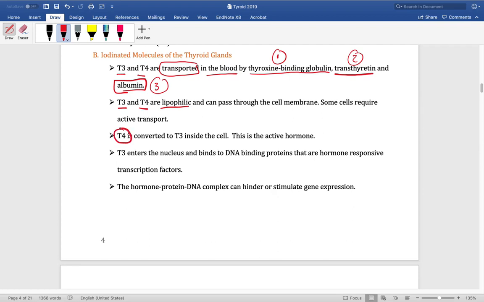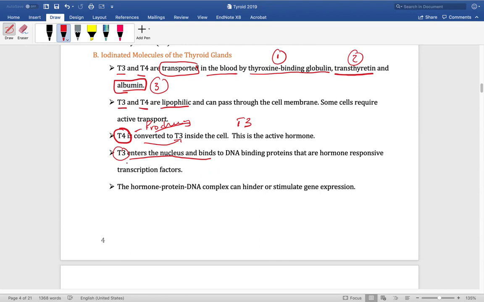T4 can be considered to be a prodrug because in order to be active, it has to be converted inside of the cell to T3, and T3 is the active drug. T3 is going to enter the nucleus, and then it's going to bind to DNA binding proteins, and these are hormone responsive transcription factors.